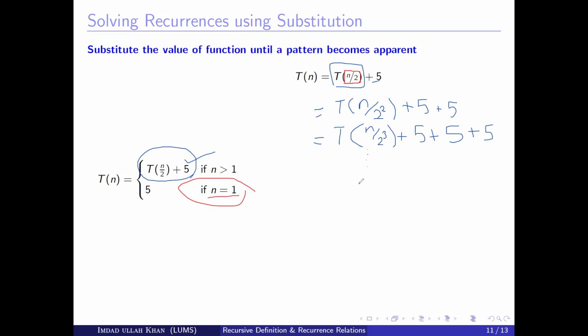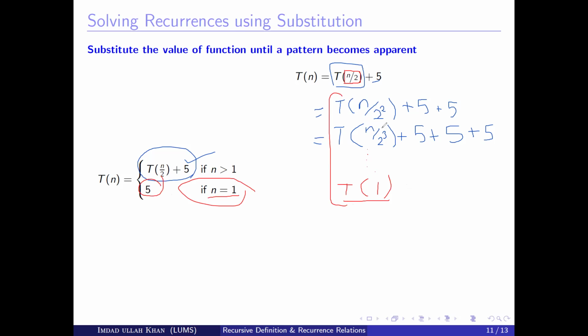So the question is, in how many steps from n do we land onto something which is equivalent to T1? If we succeed to compute the number of steps required from top to bottom while reaching the base case, then we can substitute this base case with the answer over here.